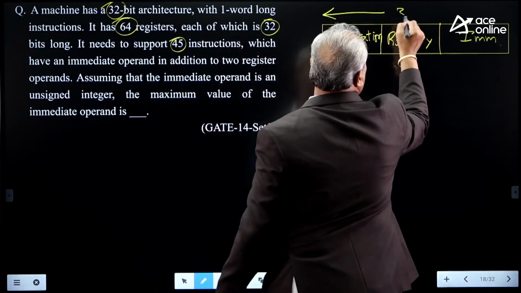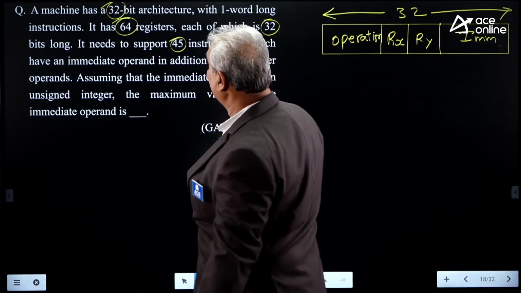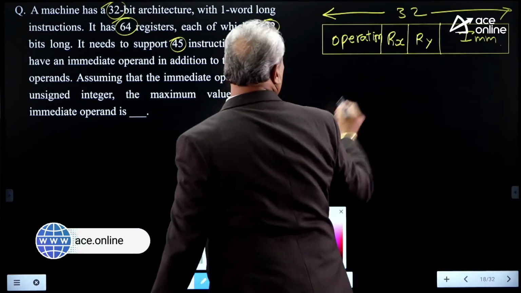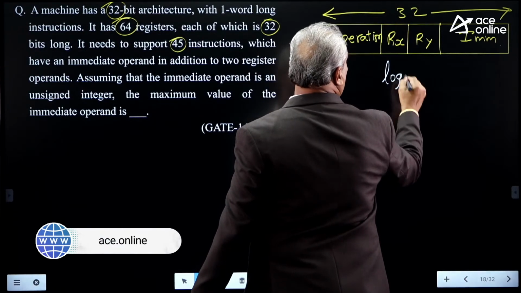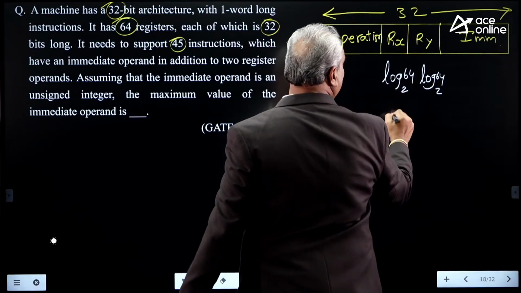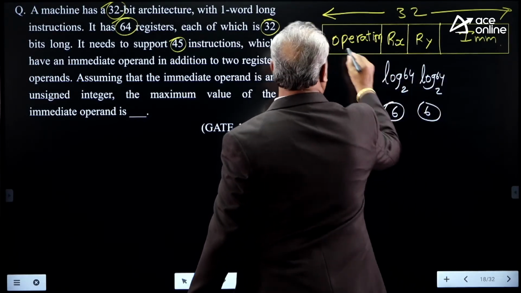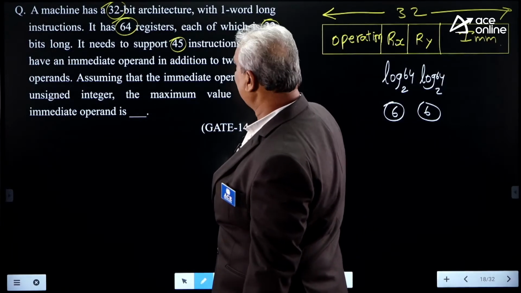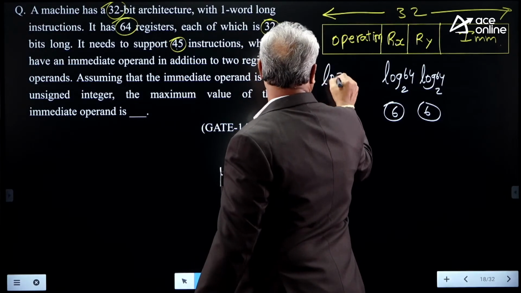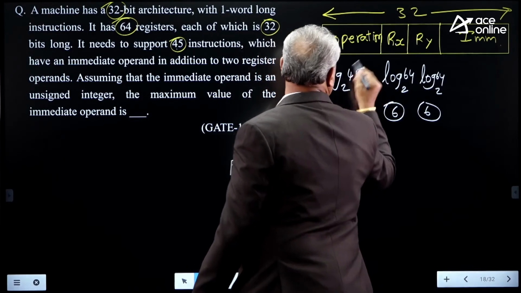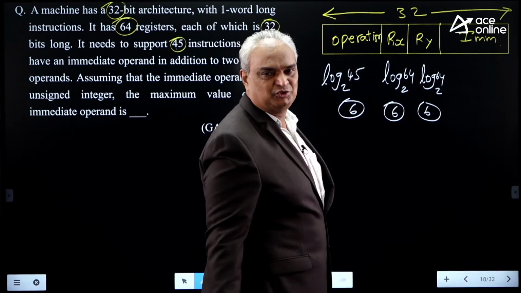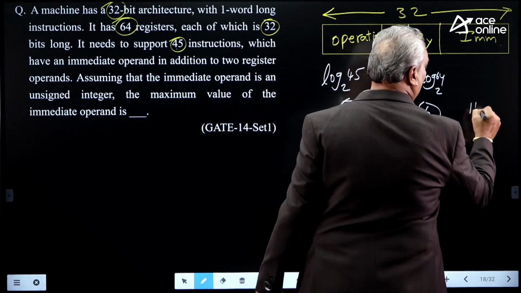What is the total size? 32-bit. In this, how many registers are there? 64. To select one of the 64, it requires 6 bits because log 64 is 6 bits. What is the operation? Here, how many instructions are there? 45, means log 45, which is 6 bits. Instruction means operation. So out of 32, 18 bits are consumed. The remaining number of bits is nothing but 14.